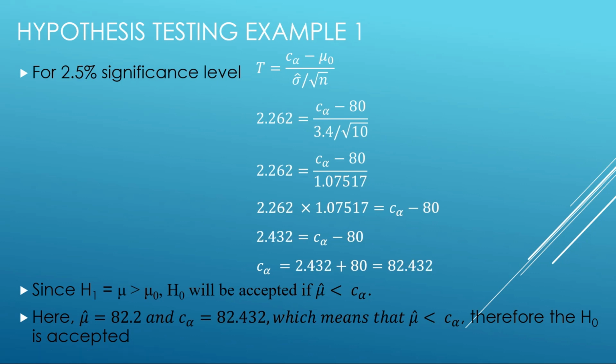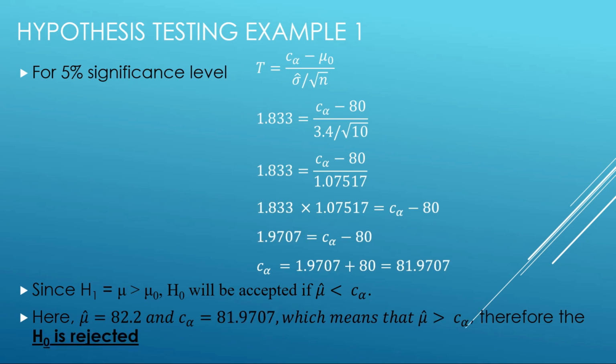For significance level 2.5%, our estimated value is 82.2 and the critical value is 82.432. So in this case, this value is still less than the critical value and we accept it. And for 5% significance level, mu is equal to 82.2, but the critical value is 81.97.